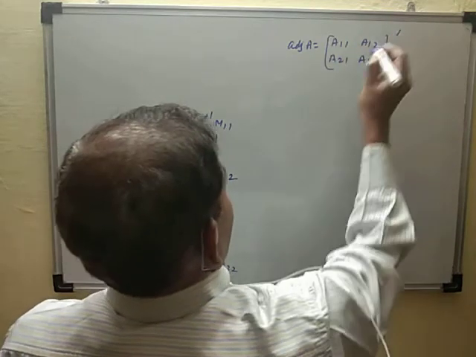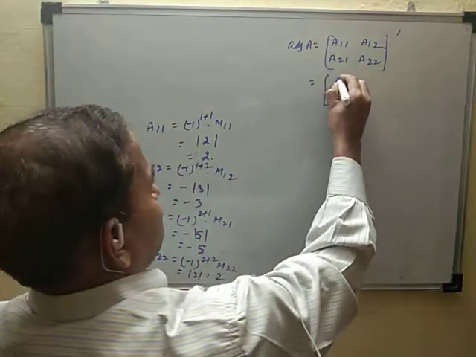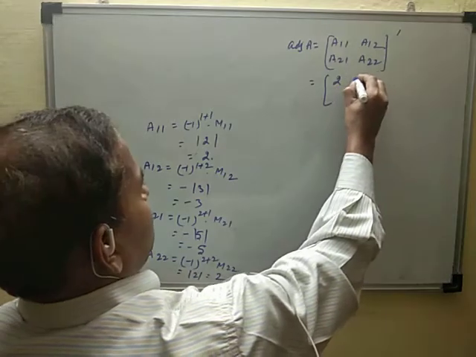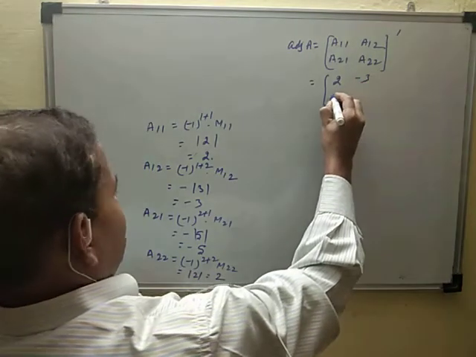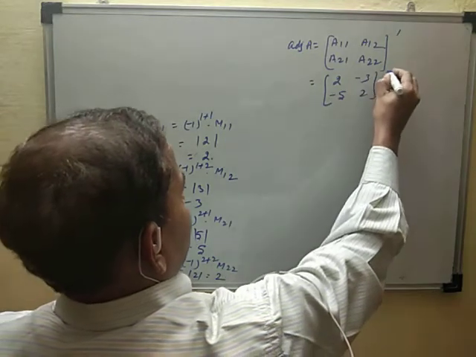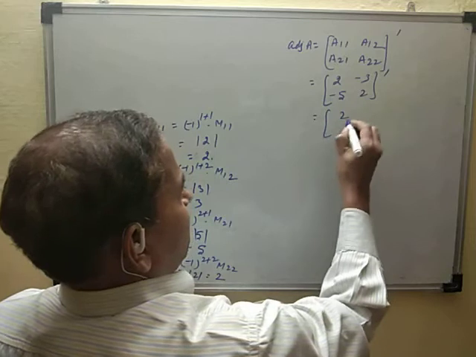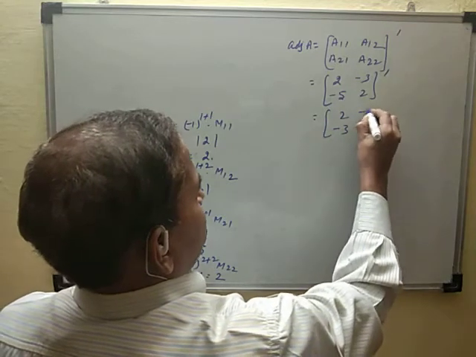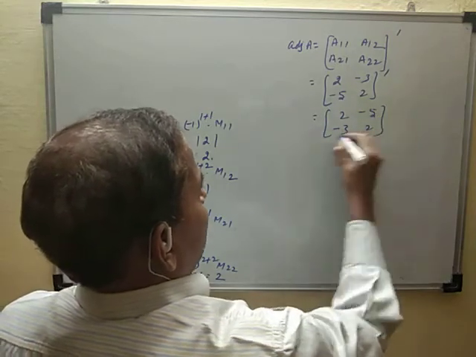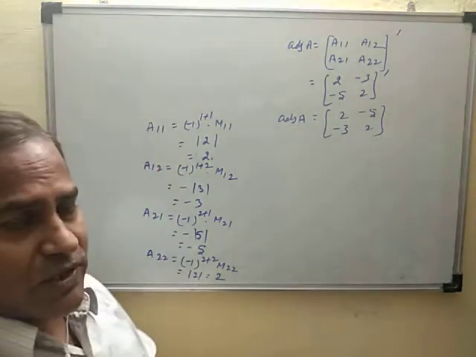Put all the values. What is A11? 2. A12 is minus 3, A21 is minus 5, A22 is 2. Taking the transpose, change row and column. So 2, minus 3 and minus 5, 2. This is the value of the adjoint of A.